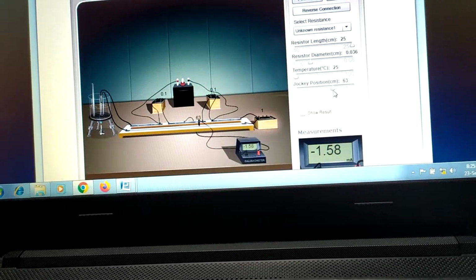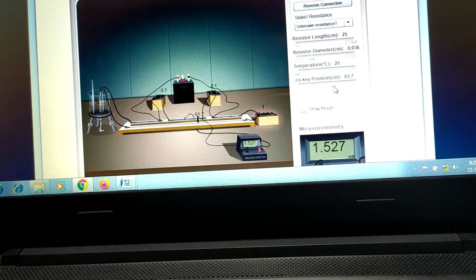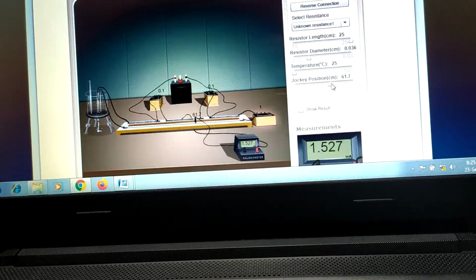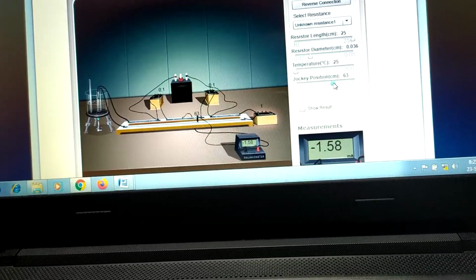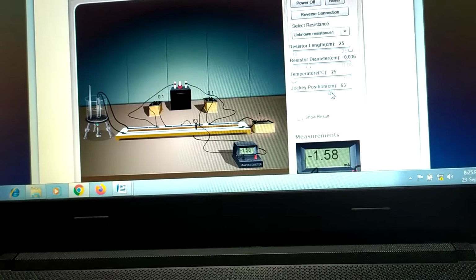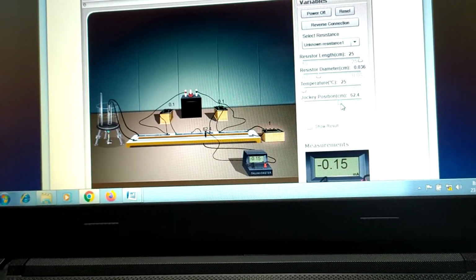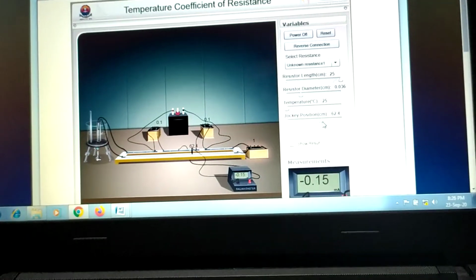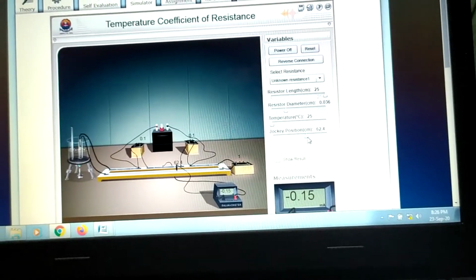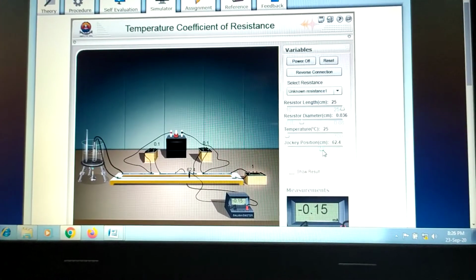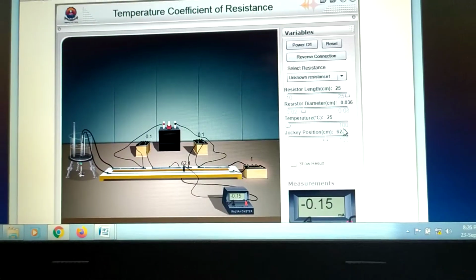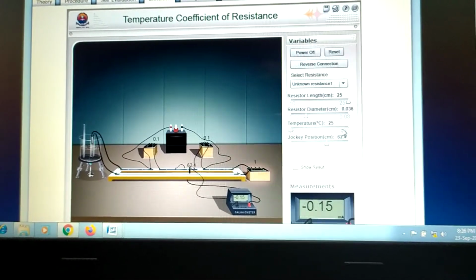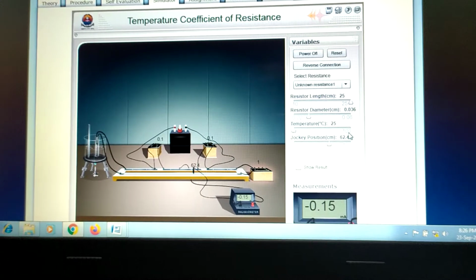It is a little bit difficult to get exactly 0, but say it's 0.15, it's very close to 0, you can take that value. Now this is the fractional resistance 1, and the value of L1 is 62.4.